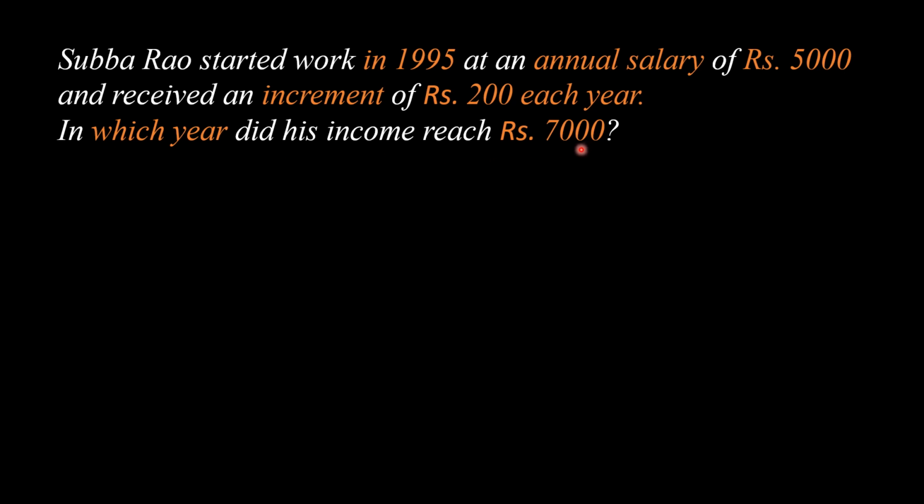Here, in 1995, his annual salary was rupees 5,000. So we have the first term of the AP, a equals rupees 5,000. Now each year he is getting an increment of rupees 200. So that is going to be our common difference d. So d will be rupees 200.